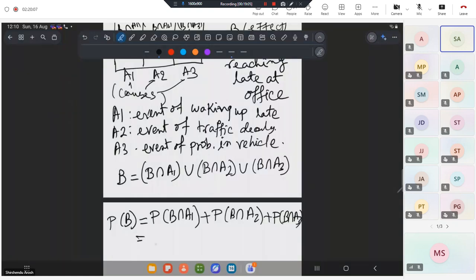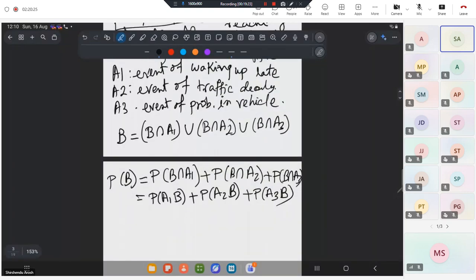Nothing but P of A1B, P of A2B plus P of A3B, right?